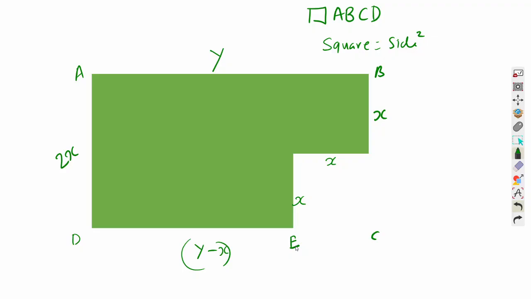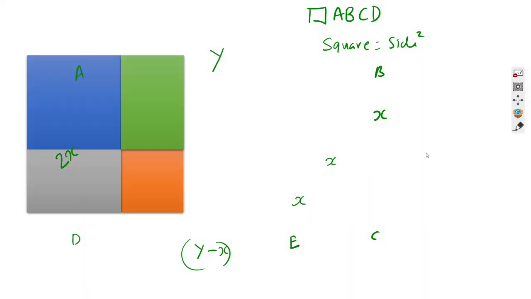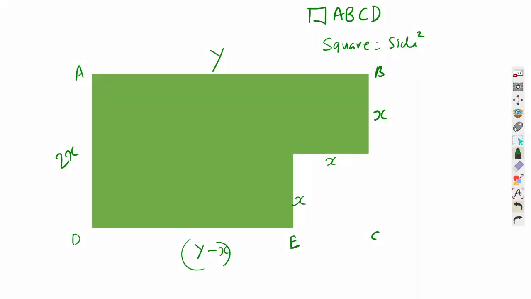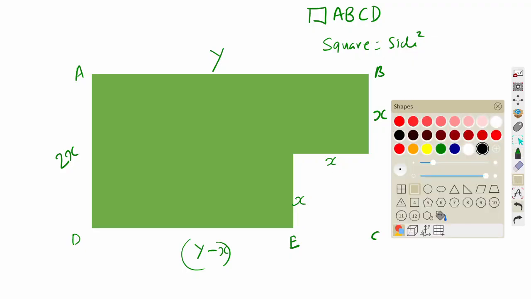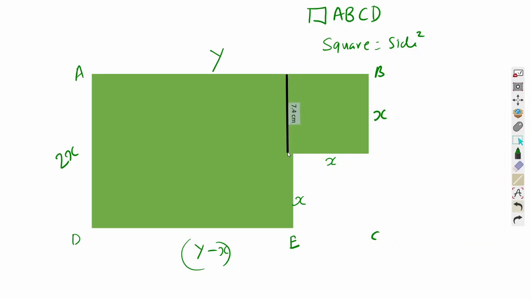These are all done for my convenience. Now if I think about the remaining of this, if I think that this is also a square having a side equal to x, from here to here, this also will be x, correct?